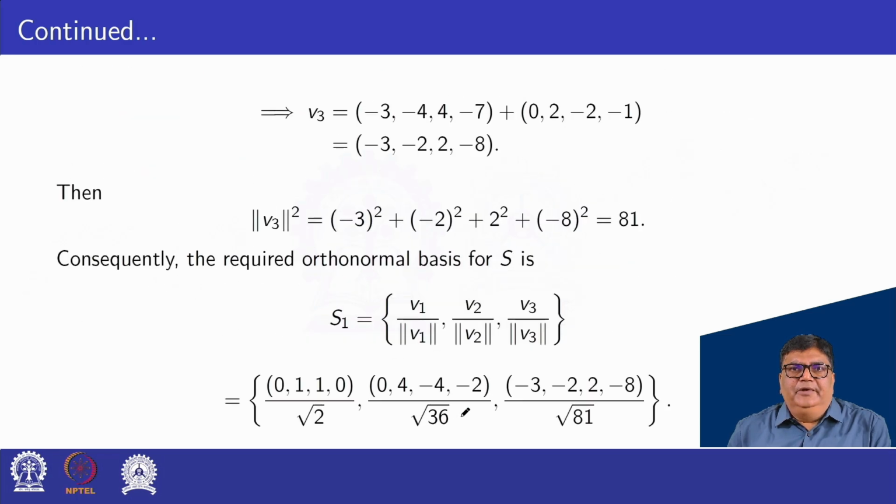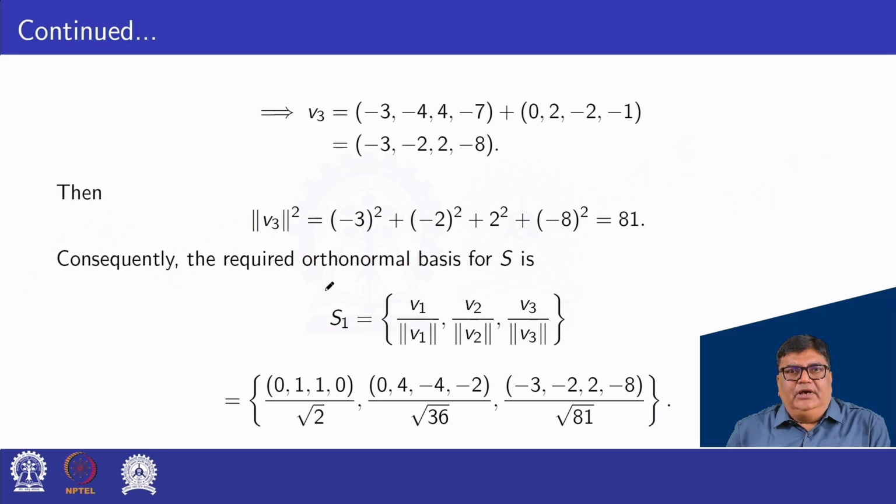After simplification we have V3 equal to the vector (-3, -2, 2, -8). This is the vector V3. Then the norm of V3 squared is equal to the square of -3 plus the square of -2 plus the square of 2 plus the square of -8, that is 81.